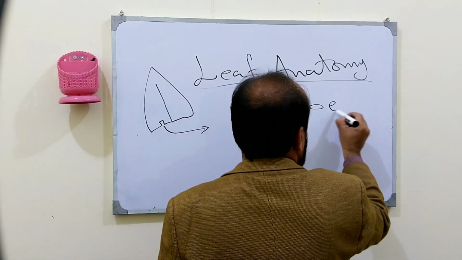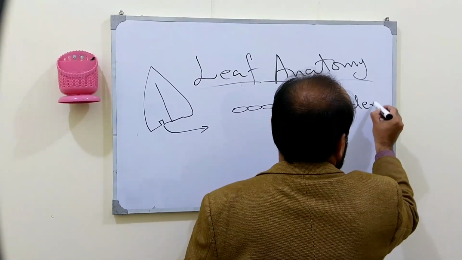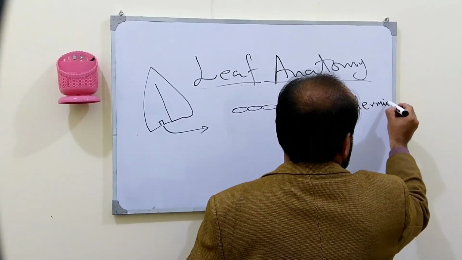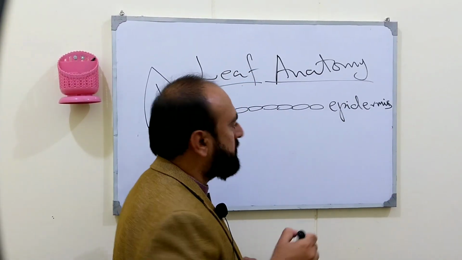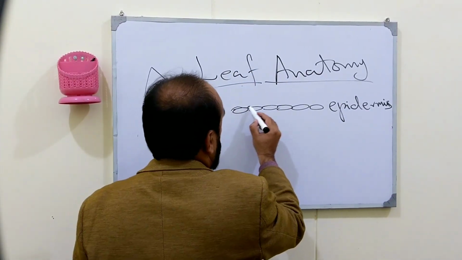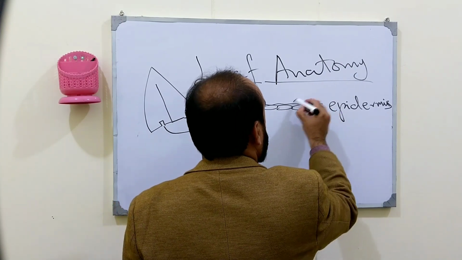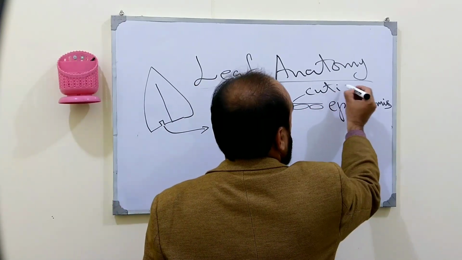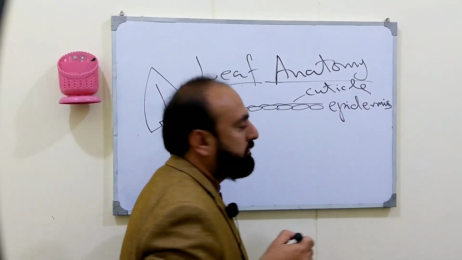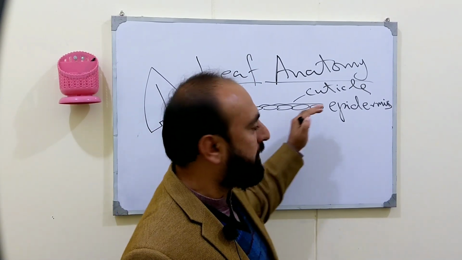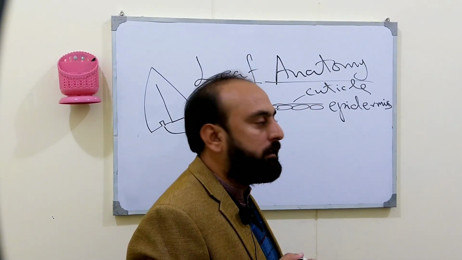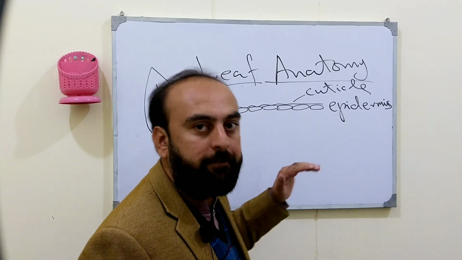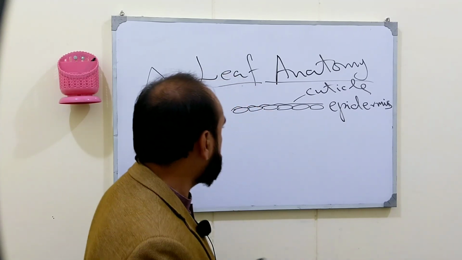A leaf has an upper protective covering of dermal cells that is called the upper epidermis, which is further protected by a waxy layer called the cuticle, which prevents water loss and helps the plant defend against pathogens.